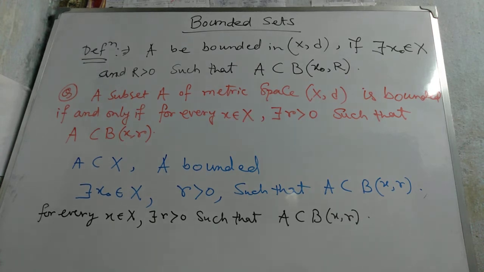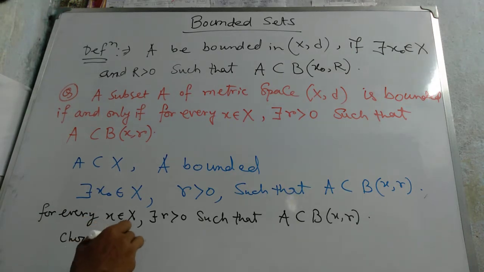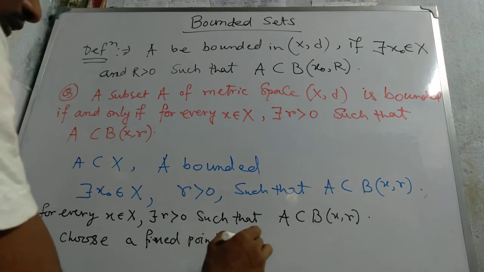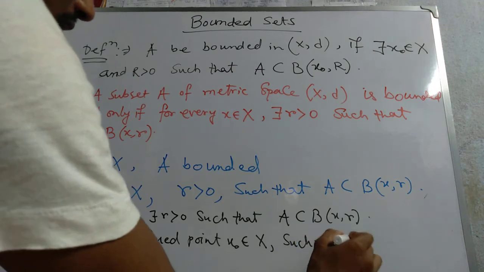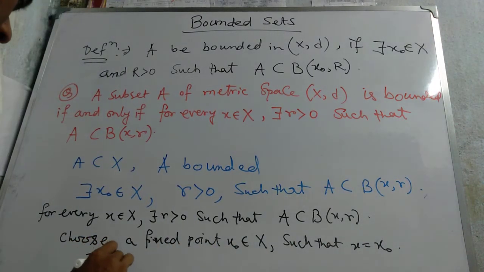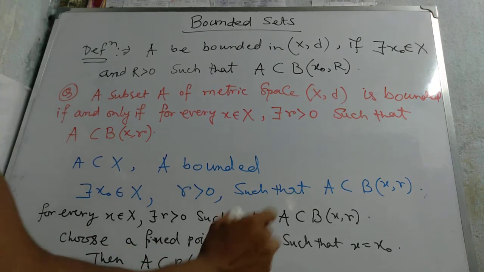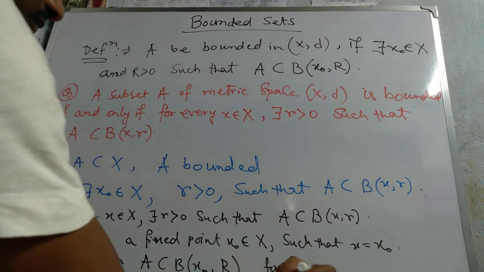Then we choose a fixed point x0 belongs to X such that x equals x0, then A is a subset of B(x0, r) for r greater than 0.